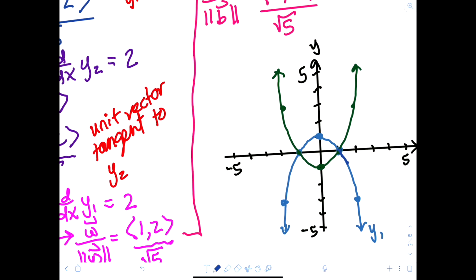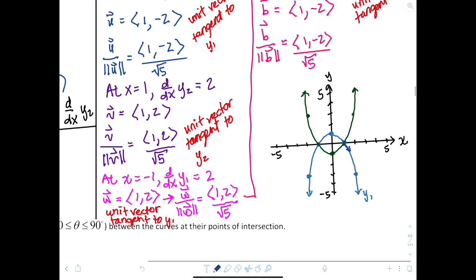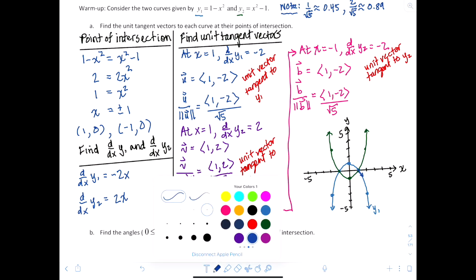Zoom in. It'll be about like that. Cool. And then the other one that's tangent to y1 was the pink one.